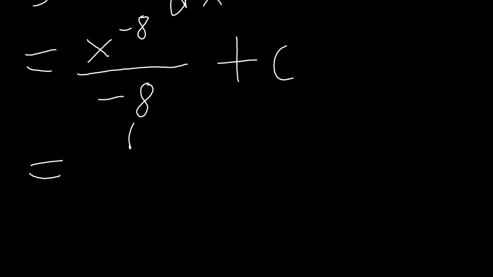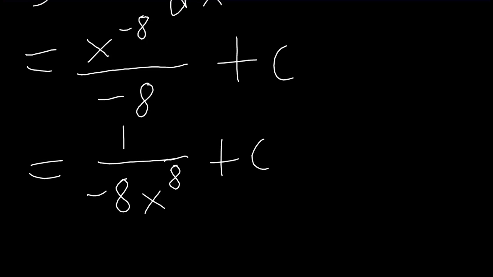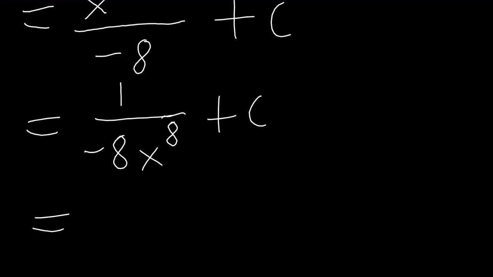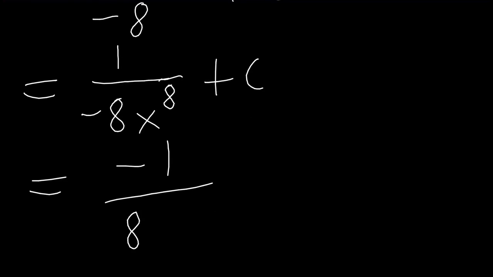So it'll be 1 over negative 8 x to the 8 plus c. But it's always good to write the negative up top. So it's going to be negative 1 over 8x to the power of 8 plus c as our answer.